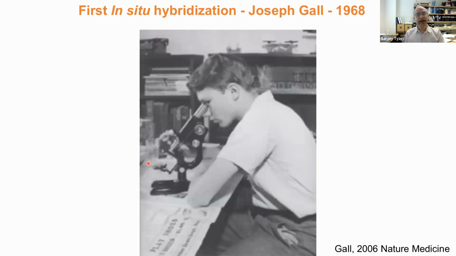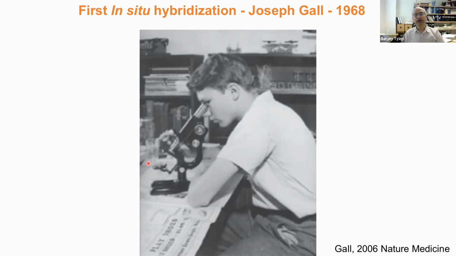So let's just begin with a little bit of history of hybridization. Immediately after the structure of DNA was revealed in 1953, it became clear that you could use strands of DNA as a probe to interrogate the complementary DNA. And so people began to work on it.